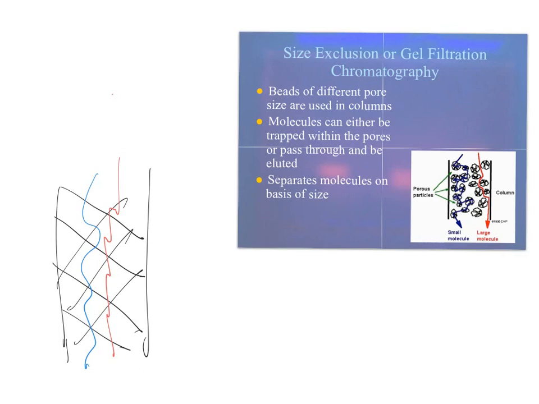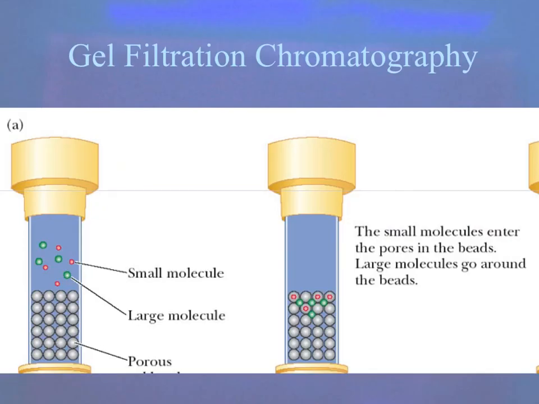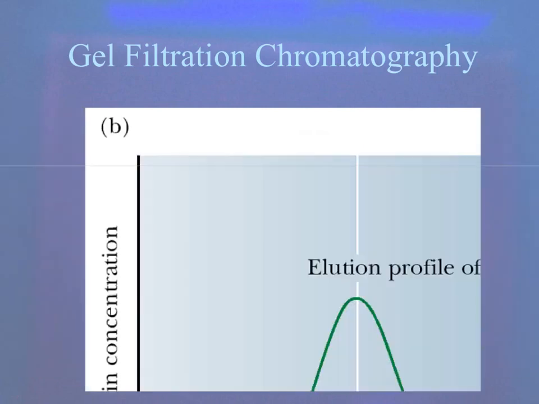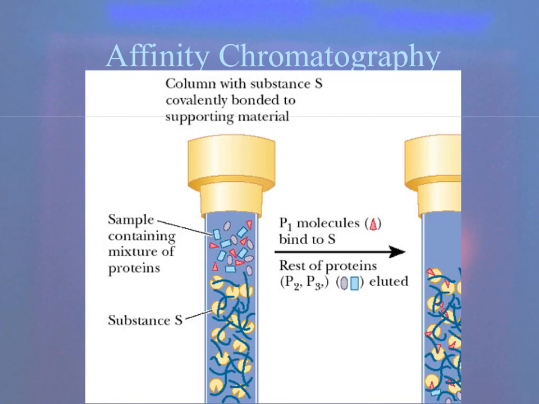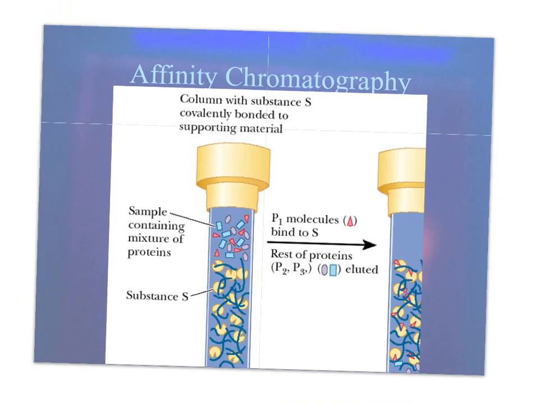Okay. And this is where, well, actually we have just a couple minutes left. I just wanted to skip ahead to affinity chromatography and talk about it briefly, and this really didn't come through at all.